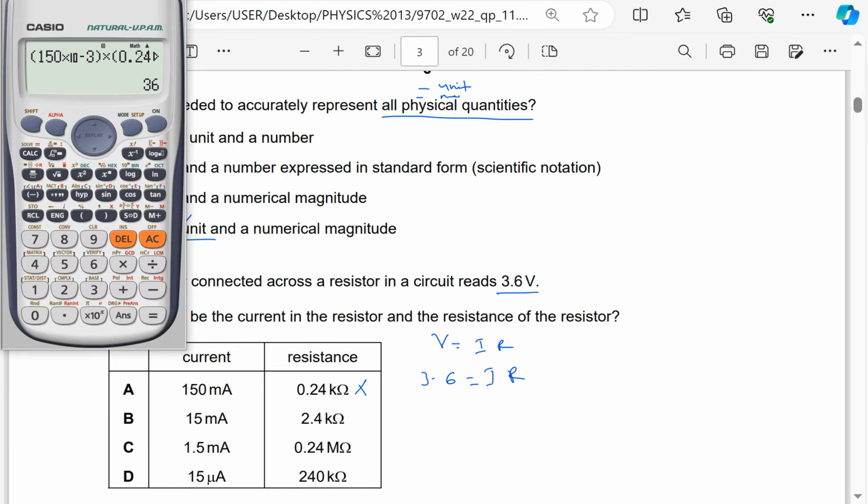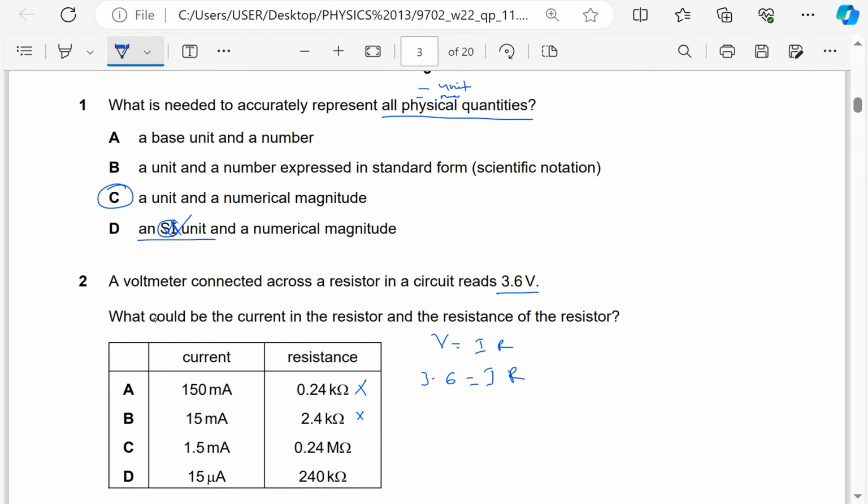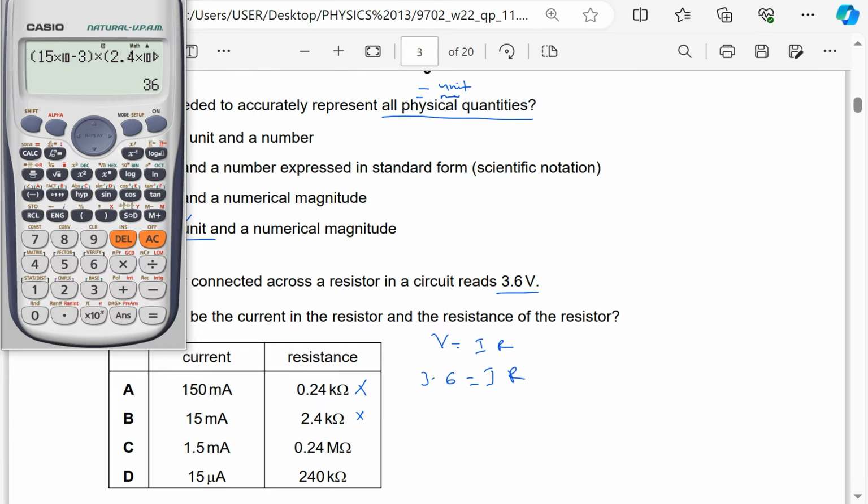I'll check the second one. The second one is 15 milli, exponent minus 3, times 2.4 exponent 3. That gives 36, so this is out. I'll check the third one. 1.5 exponent minus 3, then times 0.24 exponent 6, because mega is power 6.